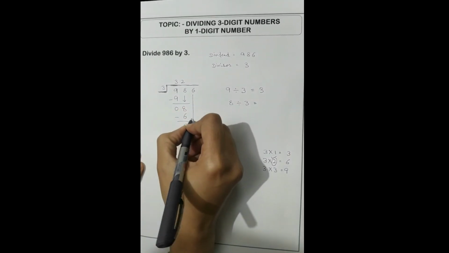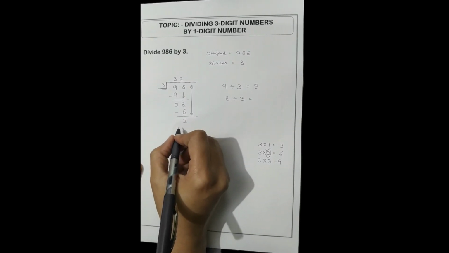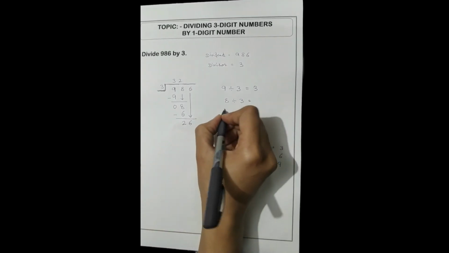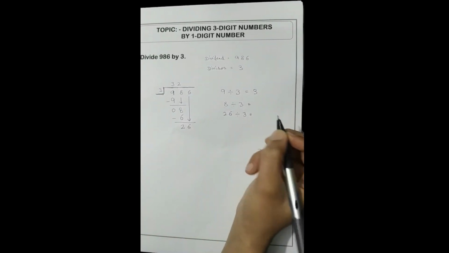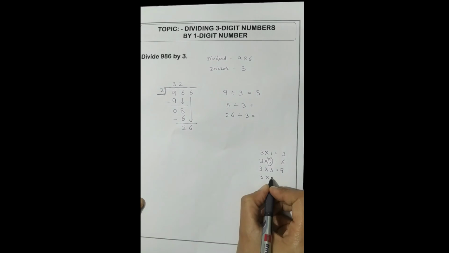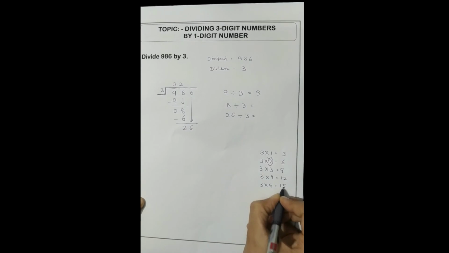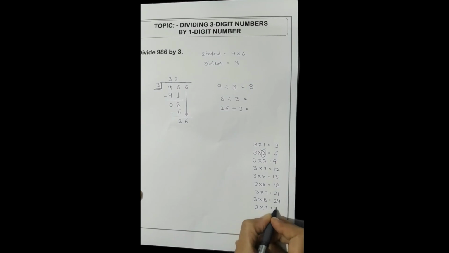Bring down 6 from ones place and write it to the right of 2. Now 26 is the new dividend. So now continue with the table. We will see when 26 will come. 3 4s are 12, 3 5s are 15, 3 6s are 18, 3 7s are 21, 3 8s are 24, 3 9s are 27.